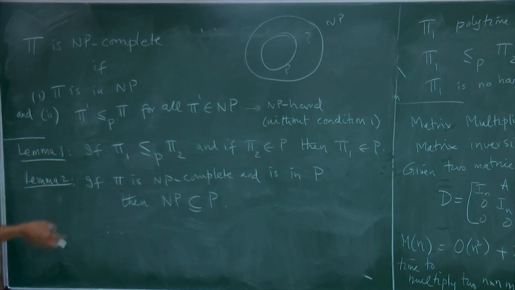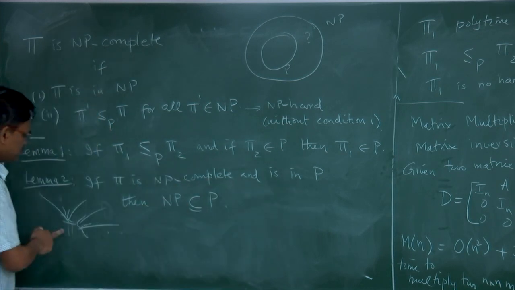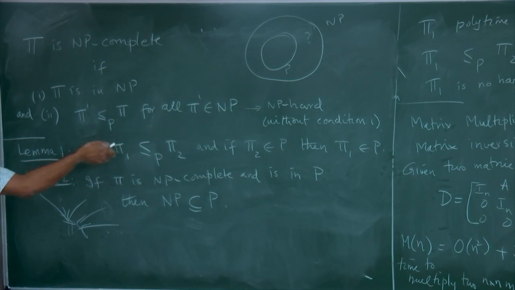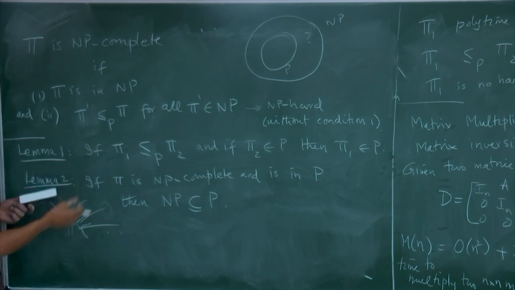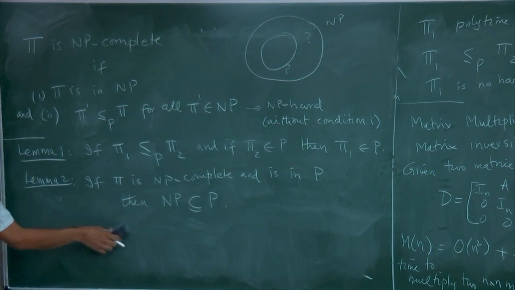If pi is NP complete, that means that every problem in NP reduces to this in polynomial time. So, if I want to solve a problem in NP, I reduce it to this problem, and if pi has a polynomial time algorithm, because of this lemma, you know that that problem belongs to P. So, every problem in NP belongs to P, but we already have seen P is contained in NP, so that these two classes collapse.